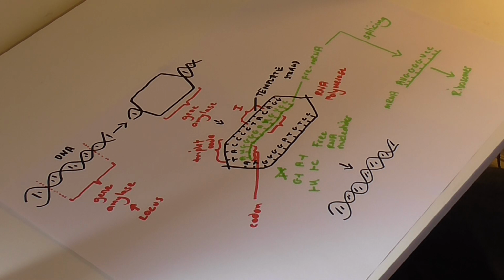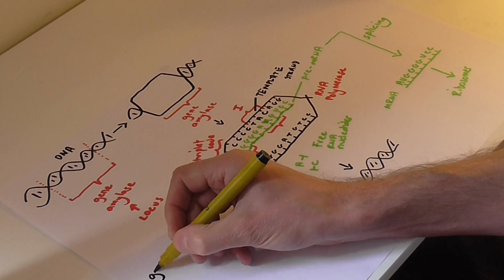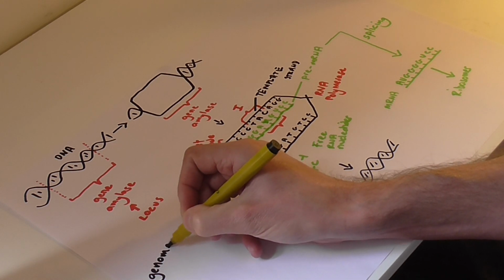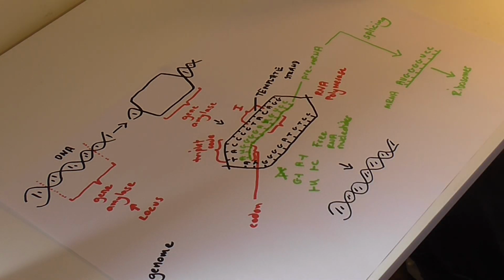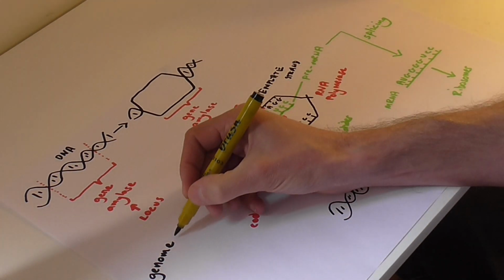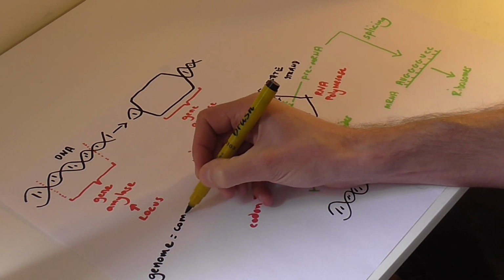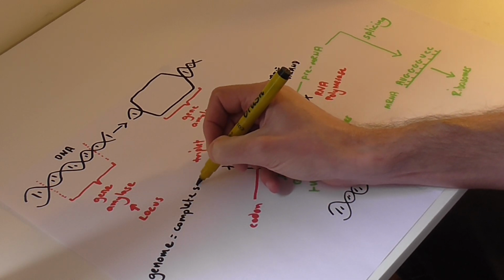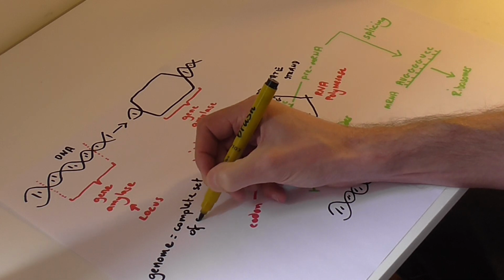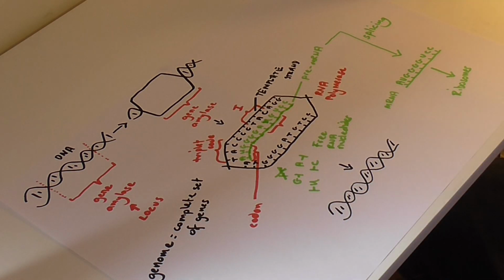Just two final bits of terminology that we need to discuss, and the first is the genome. When we talk about the genome of an organism, that's referring to the complete set of genes within all of its DNA molecules. So that's just referring to all of the genes that it has.